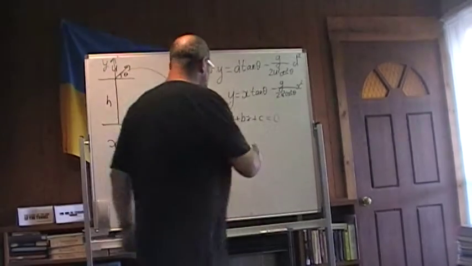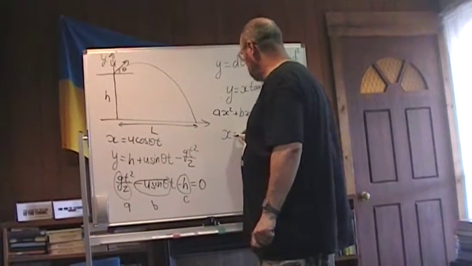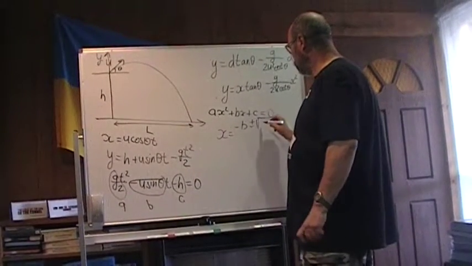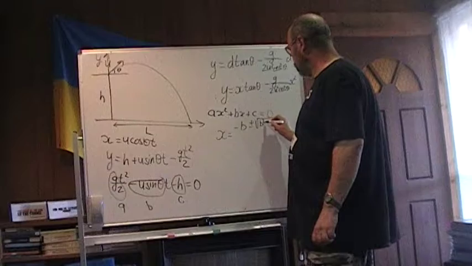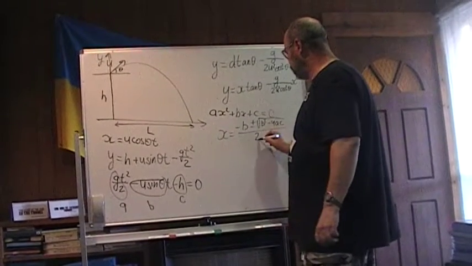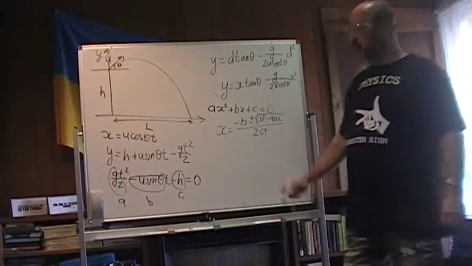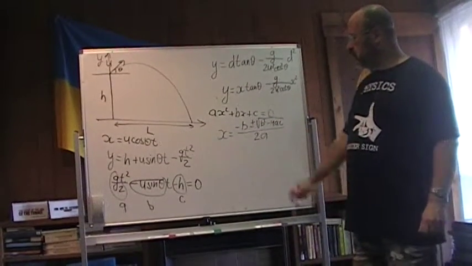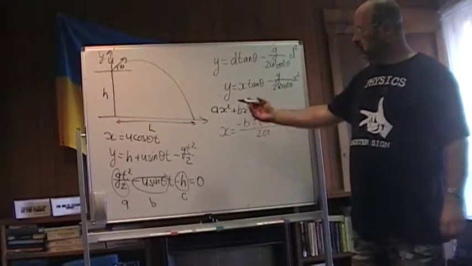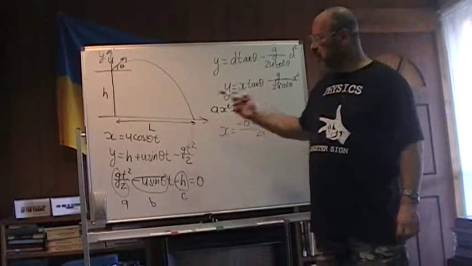Then just use the quadratic formula, x equals negative b plus or minus square root of b squared minus 4ac, divided by 2a. And of course, when solving it, remember that time must be positive. So that's how you find time.